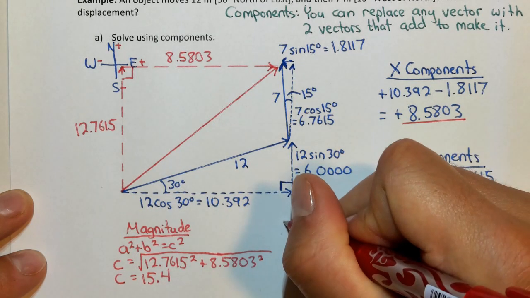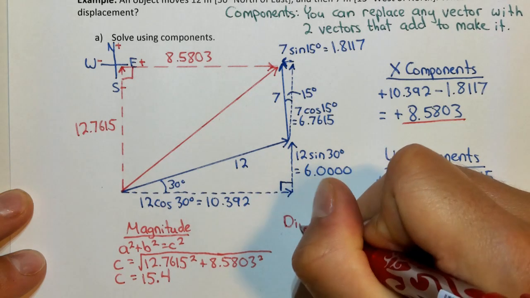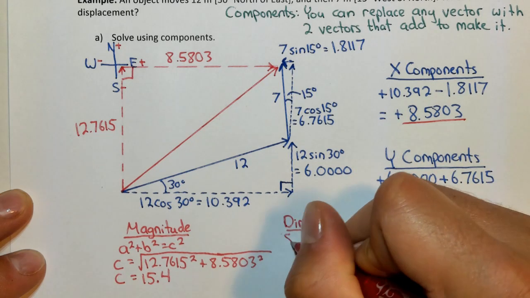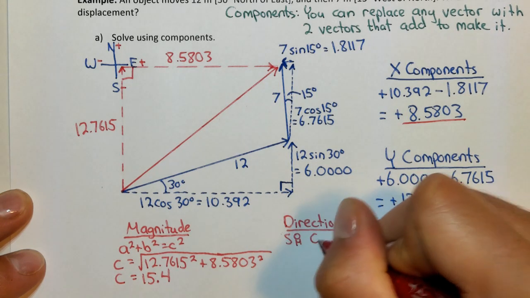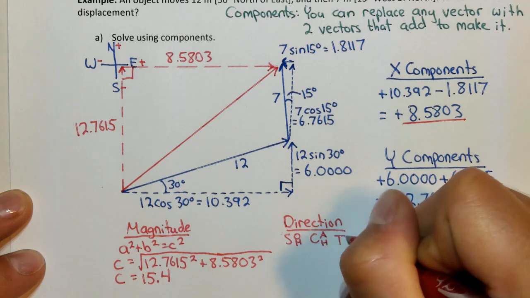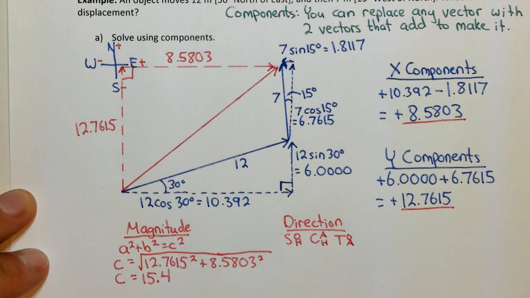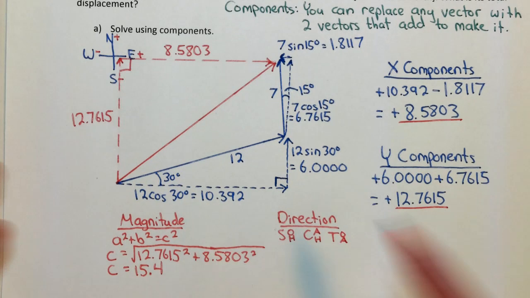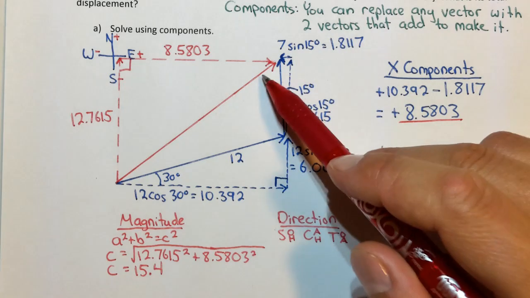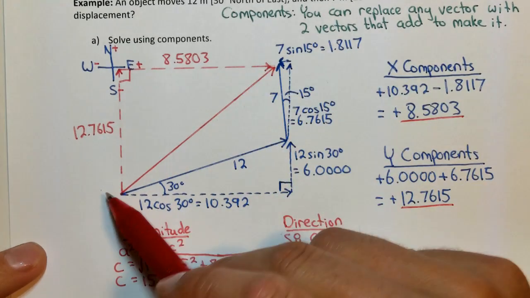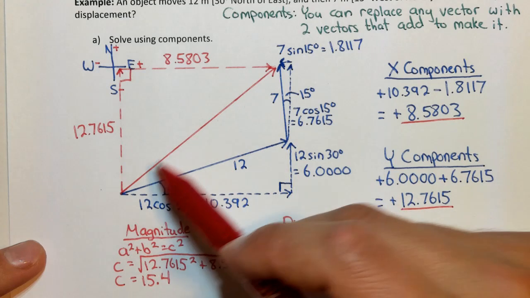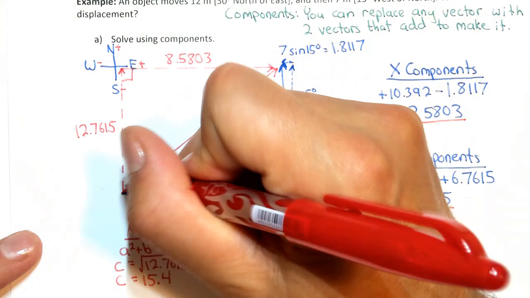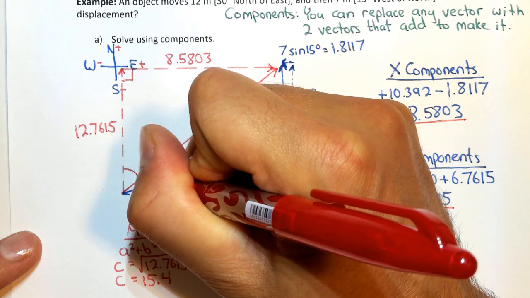And then let's go over here and do the direction using SOHCAHTOA. Again, we always define a vector's direction from its tail. So I'm going to pick an angle down here to define the direction of my resultant. And I'm going to pick this one. This angle seems nice and clean.